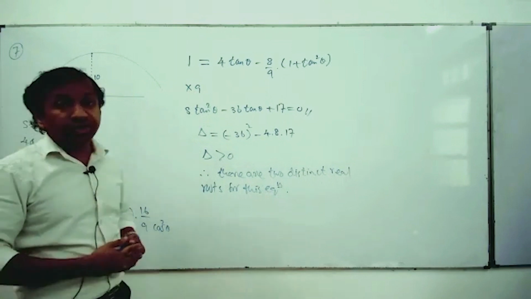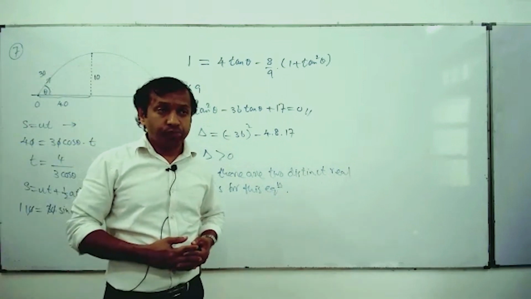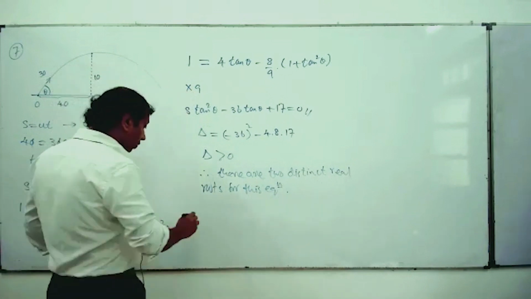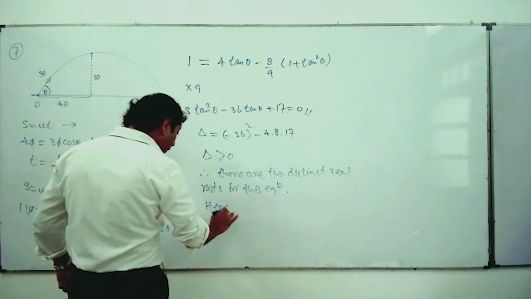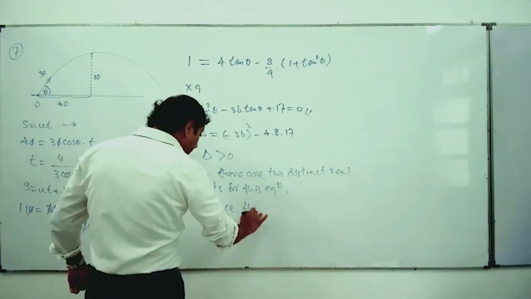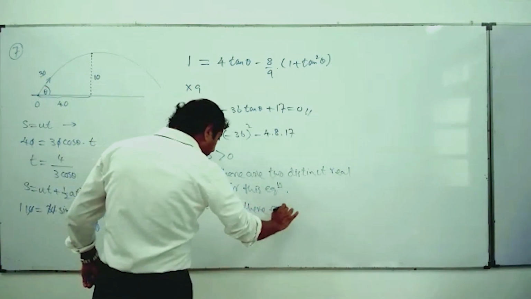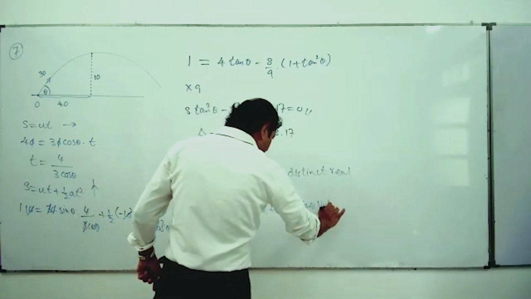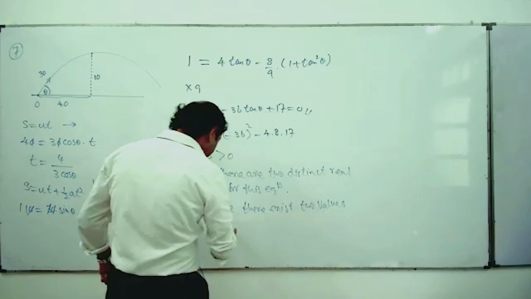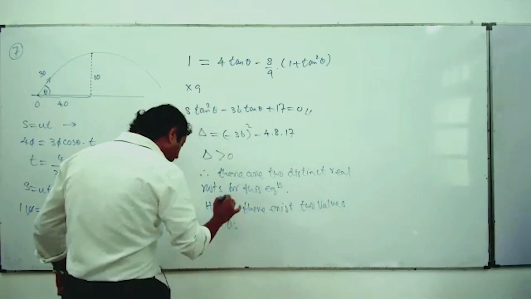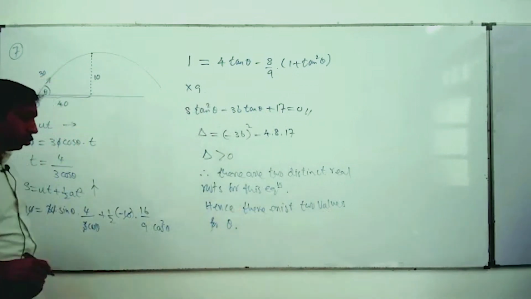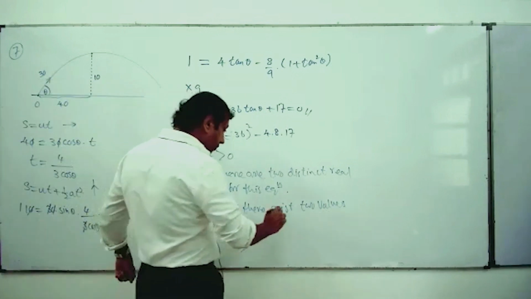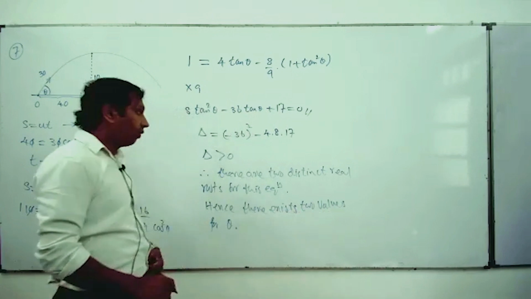When there are two answers for tan theta, there are two angles, theta 1 and theta 2. Hence, there exist two values for theta.